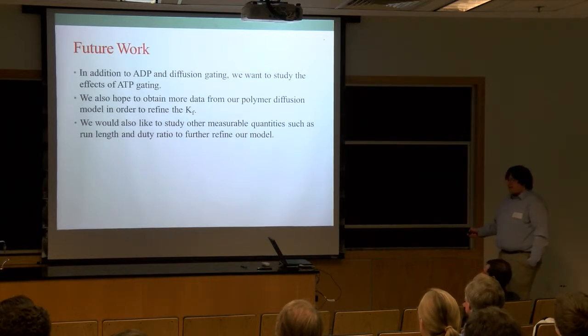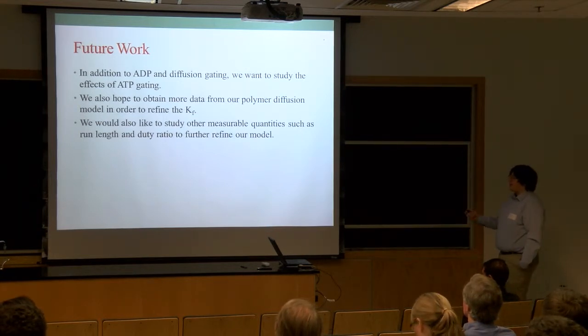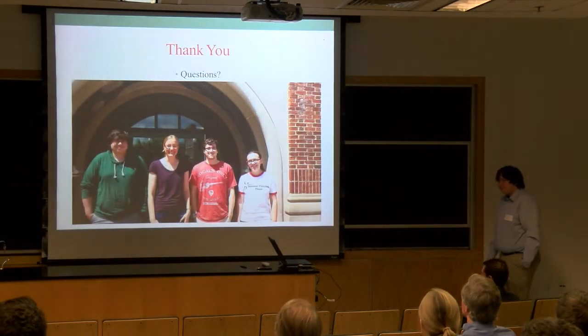And we also want to look at more quantities. We looked at velocity, but we also want to look at run length, which is how long it actually stays on the actin before it falls off, and duty ratio, which is how long it spends totally bound in the waiting or wasteful states compared to how long it's diffusing. And that's it.